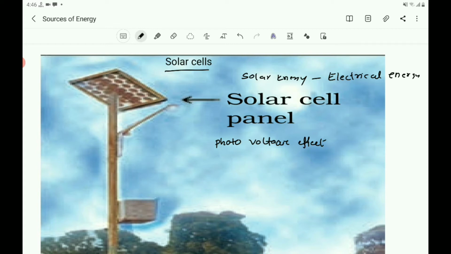So, what is the principle of a solar cell? A solar cell works on the principle of photovoltaic effect, the generation of electricity directly from sunlight. This occurs when solar radiation strikes certain sensitive materials like PN type semiconductors, resulting in the flow of electrons or an electric current.